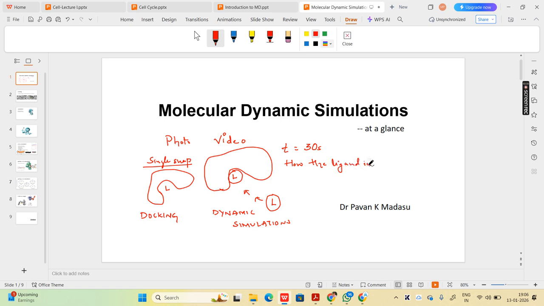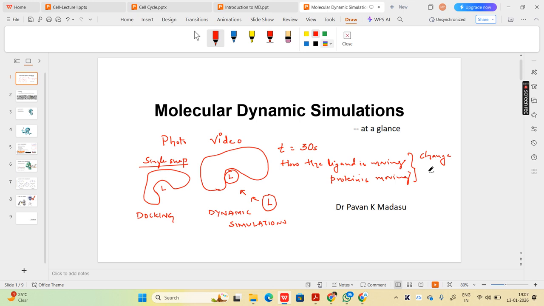Not just the ligand, even the protein also moves. How is the protein moving, and during the course of this movement, is there any change in interactions?